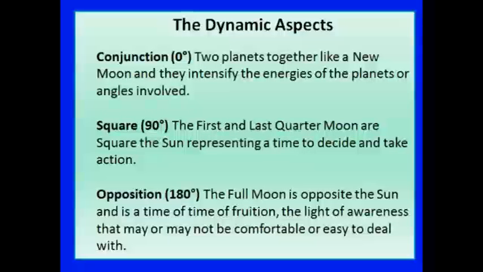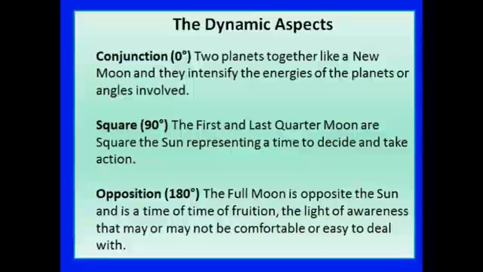So again, the dynamic aspects create dynamic tension and energy, and are the aspects that we can look at on a person's chart to get a really clear idea of what some of the opportunities are. We look at challenges as opportunities, and blessings ultimately.